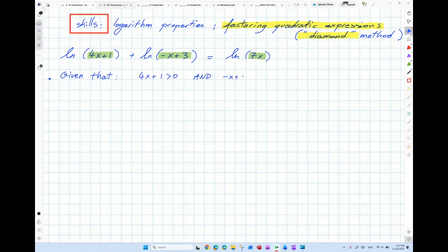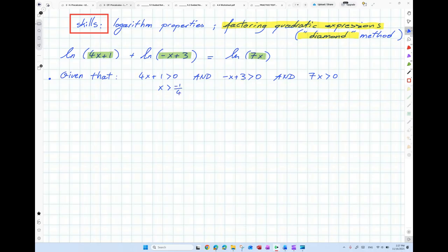So I will have those three very easy to solve inequalities, and I'm going to report them on a number line to have a definite interval. So here I would have x greater than negative 1/4.